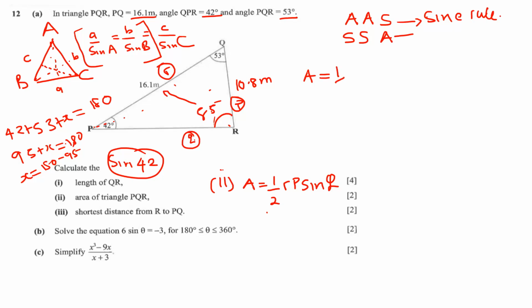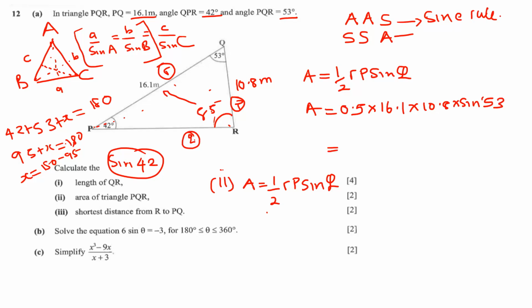Area is equal to half RP sine Q. So we are saying this is just the same as 0.5 so that you don't make a mistake. If you want, you can divide by 2 at the end. But if you put 0.5 multiplied by R, which is 16.1, multiplied by P, which is 10.8, multiplied by sine Q, which is 53.